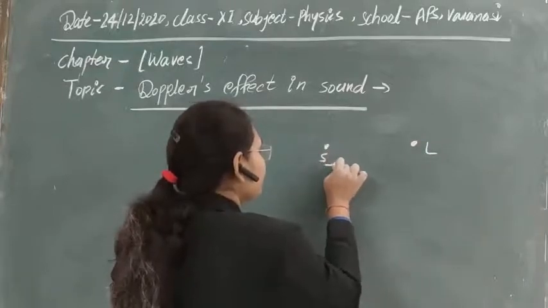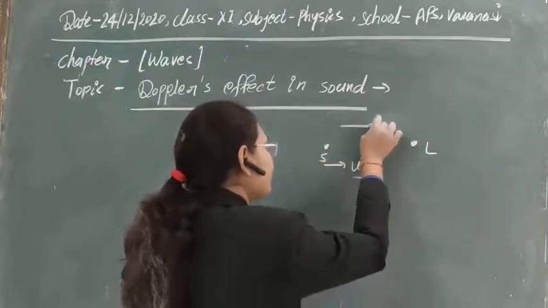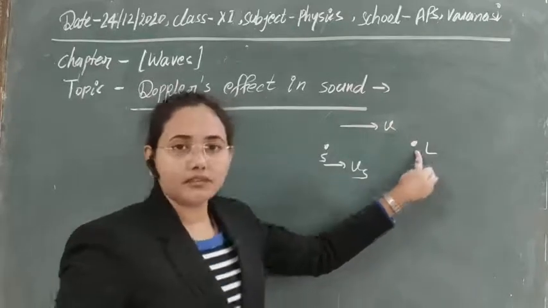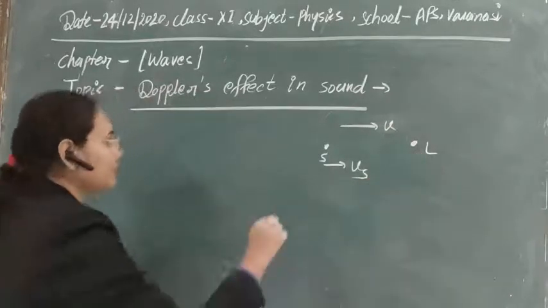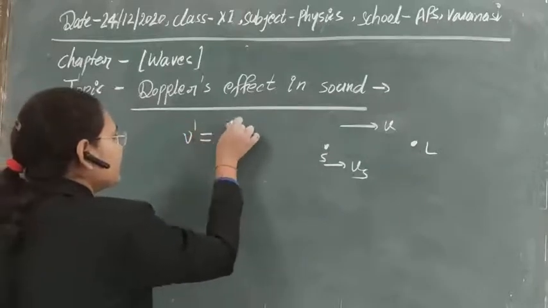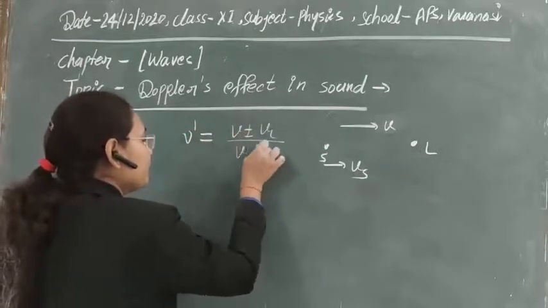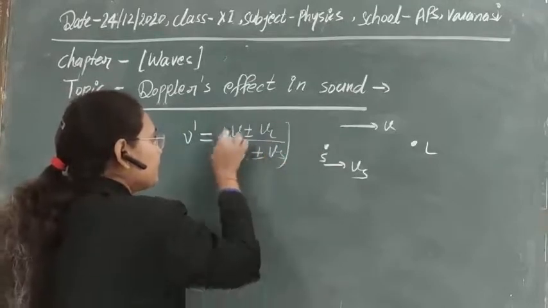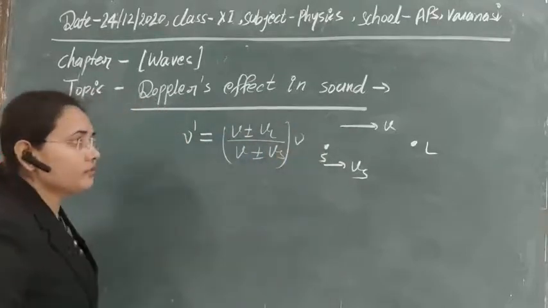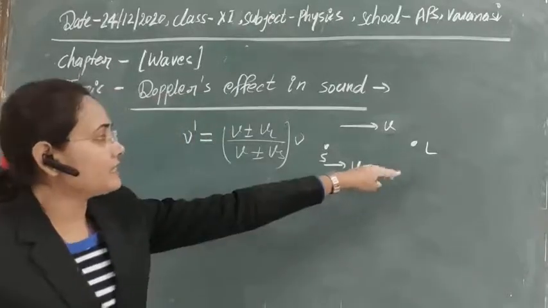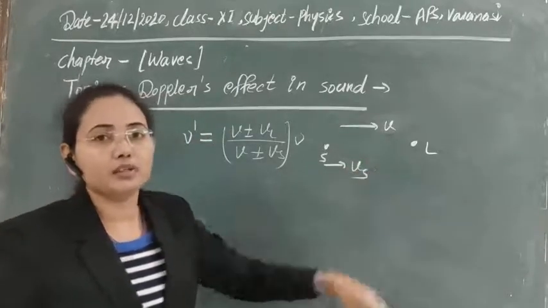Suppose in the first condition the listener is at rest and the source is moving with some velocity Vs, and V is the velocity of sound towards it. Then we know the apparent frequency can be calculated easily with the formula (V ± Vl)/(V ± Vs) × μ. Clear? In this case, as the listener is at rest, Vl is equal to 0.